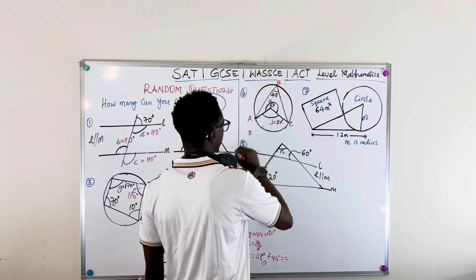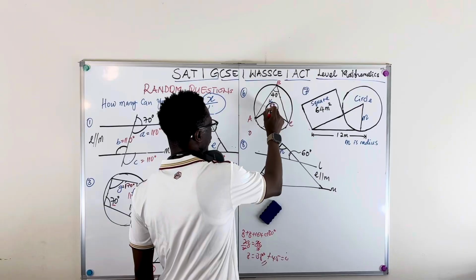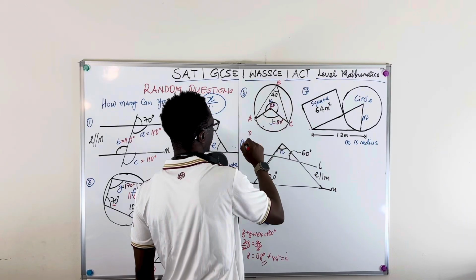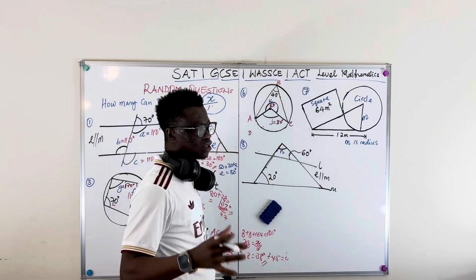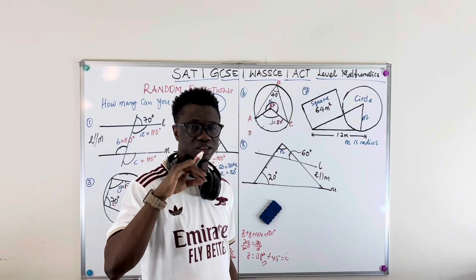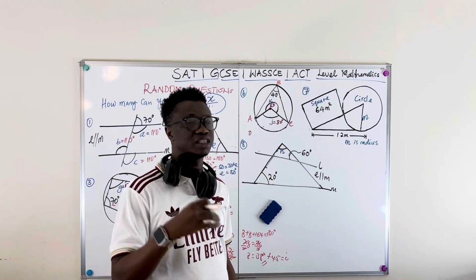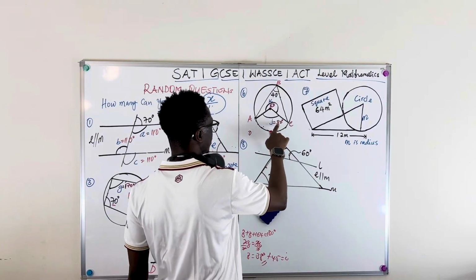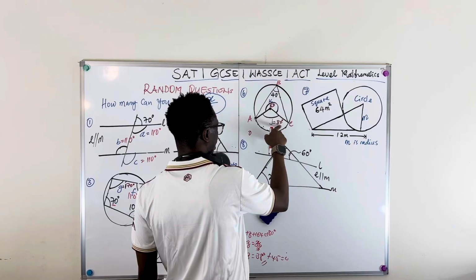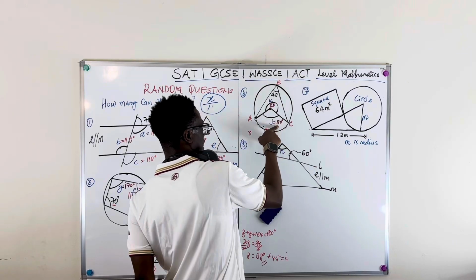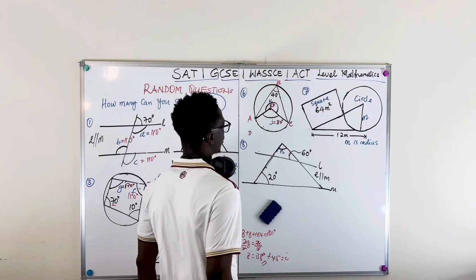Now once we know this is 80, we need K. We know this is angles at a point. We have this, it is like a circle, and the sum of angles in a circle is 360 degrees. So if this is 80, what will we add to 80 for us to have 360 degrees?